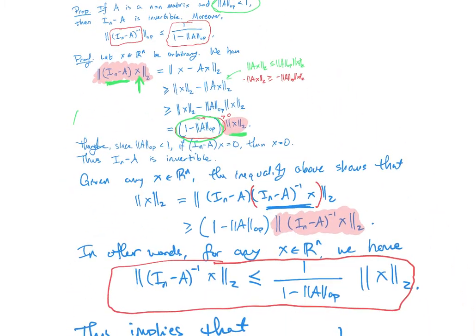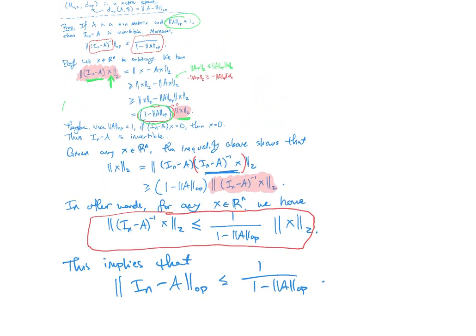Okay, so for anything in the unit sphere, I'm going to look at this equation that I've put in red here. If x is on the unit sphere, then its 2 norm is going to be 1, and the 2 norm of the output is going to be at most 1 over 1 minus the operator norm of A. And, okay, so that's an upper bound on everything in the set, and therefore the sup is at most that.